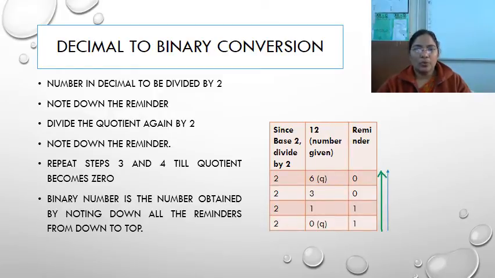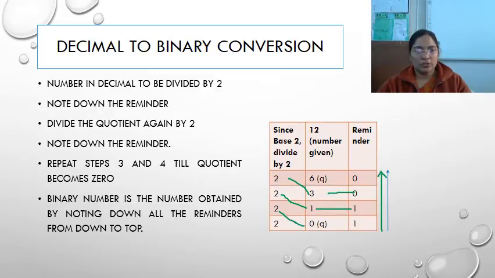Clear? So now you see, for example, if 6 is the number given, and you are asked to convert it into binary, this is in decimal, isn't it? So 2 sixes are 12. Clear? So now what is the remainder? 0. Next, 3 is the quotient, so this number is to be divided by 2. So 2 ones are 2 and the remainder is 1.